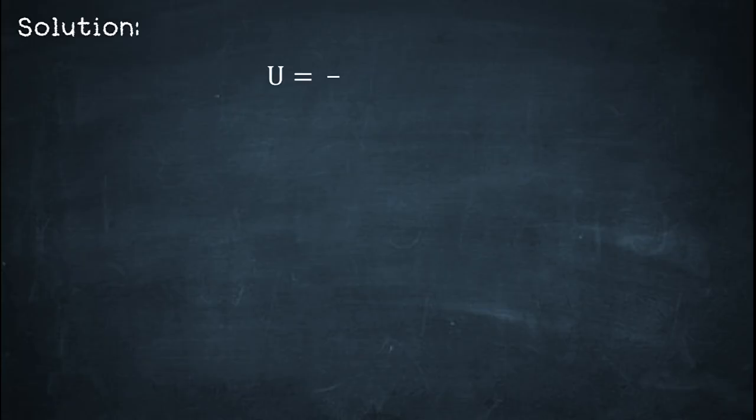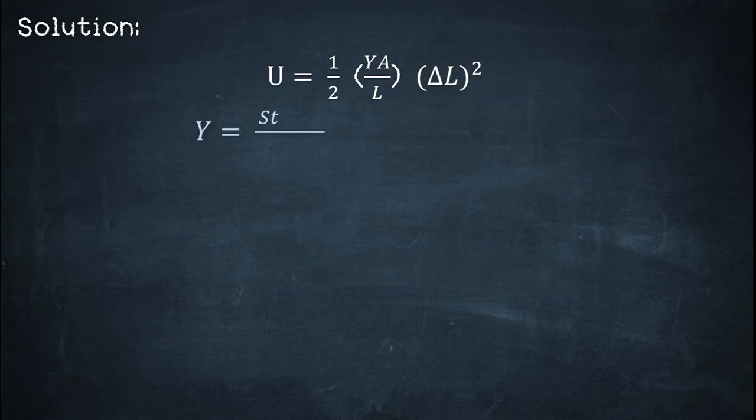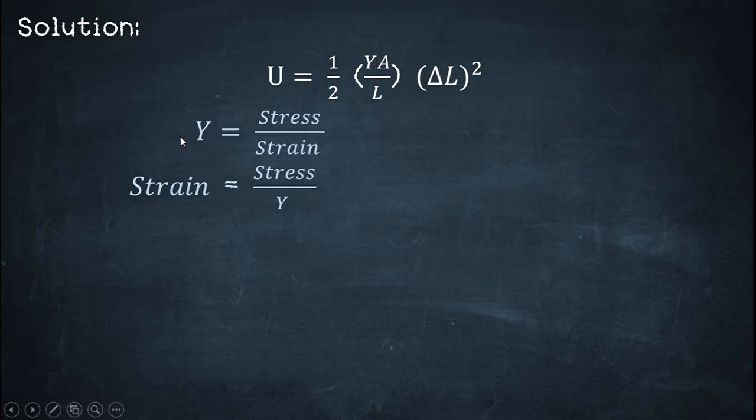For this, we will write the formula for strain energy, that is 1/2 YA divided by L into del L square. Y is equal to stress by strain, and by rearranging this formula, strain is equal to stress divided by Y. We have just taken strain on the left hand side and Y on the right hand side. Strain is change in length divided by original length.